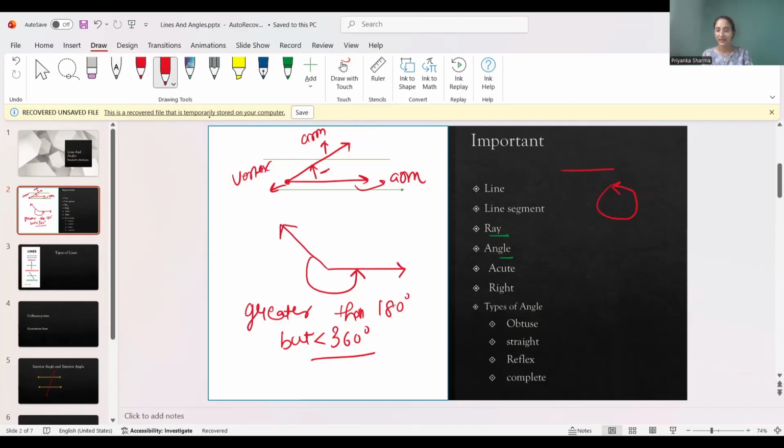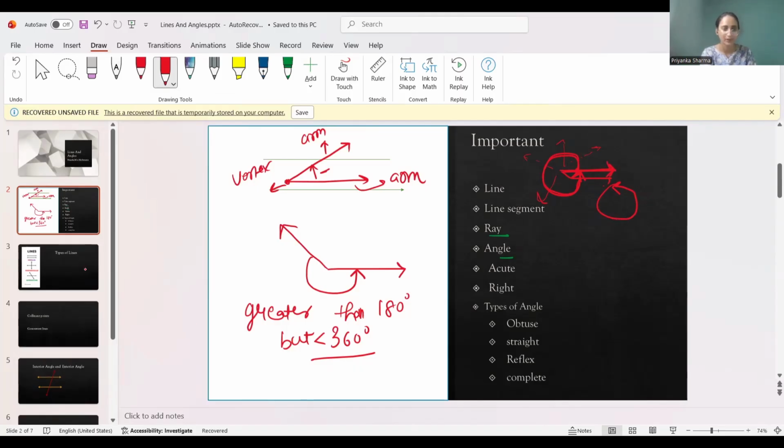The line goes like this, then this, then this, and at the end it coincides with the line. We started from that point, go across the path and come back to that point only. It is called the complete angle.